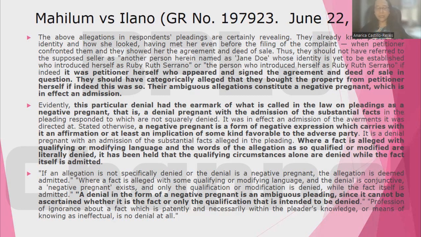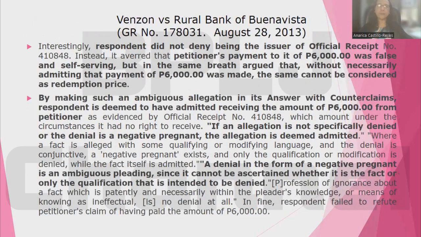Where a fact is alleged with qualifying or modifying language, and the words of the allegation as so qualified or modified are literally denied, it has been held that the qualifying circumstances alone are denied while the fact itself is admitted. A denial in the form of a negative pregnant is an ambiguous pleading since it cannot be ascertained whether it is the fact or only the qualification that is intended to be denied.